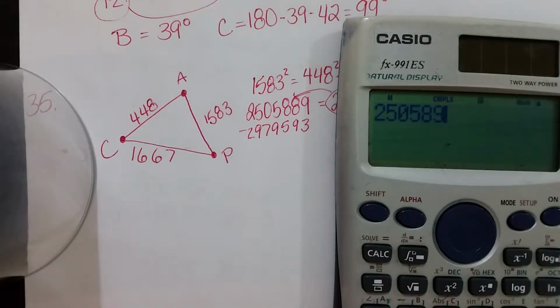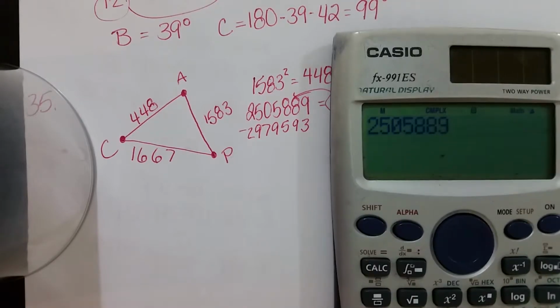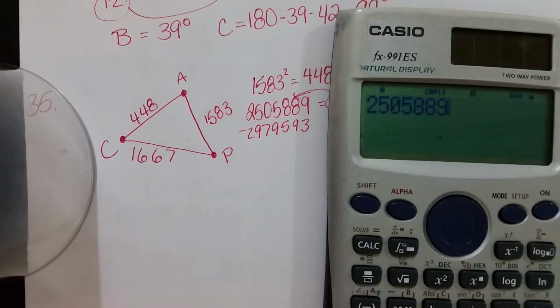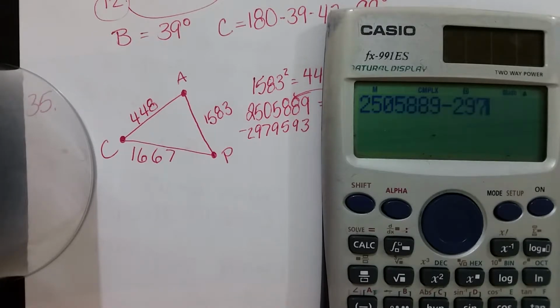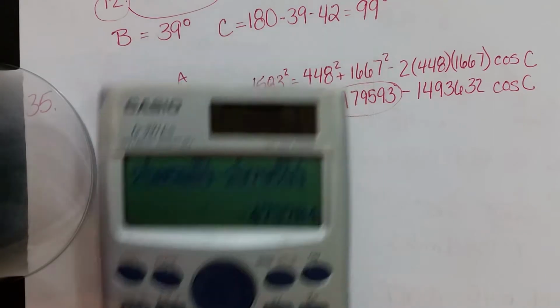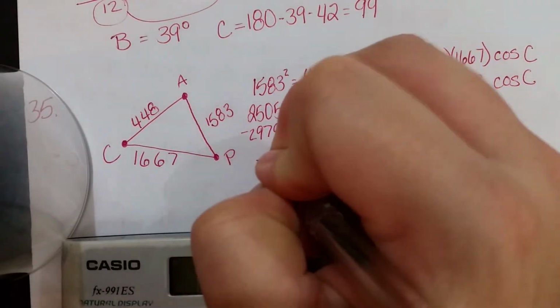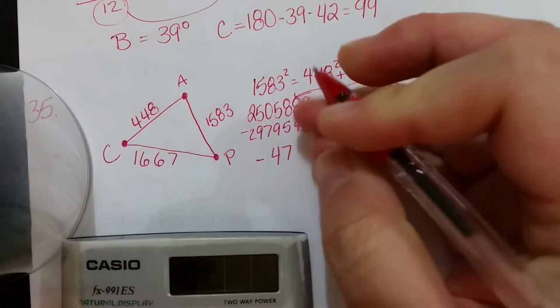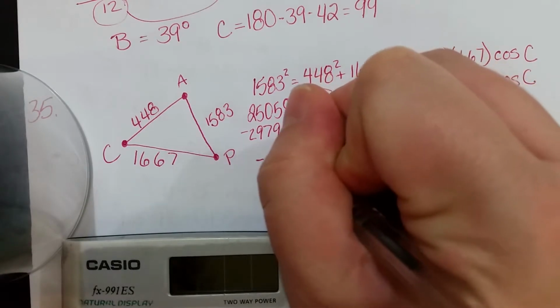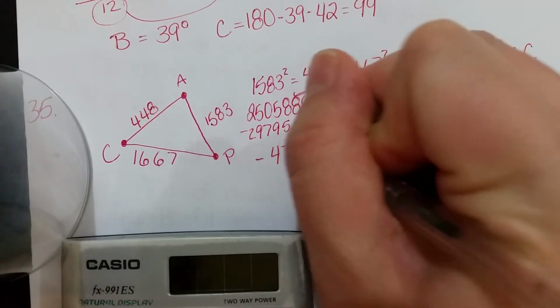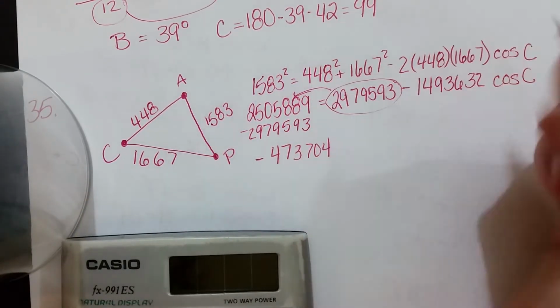And I'm going to get 2505889. Oh, be careful if you're working with numbers this large that you don't miss any digits. Minus 2979593. And we get negative 473,704.